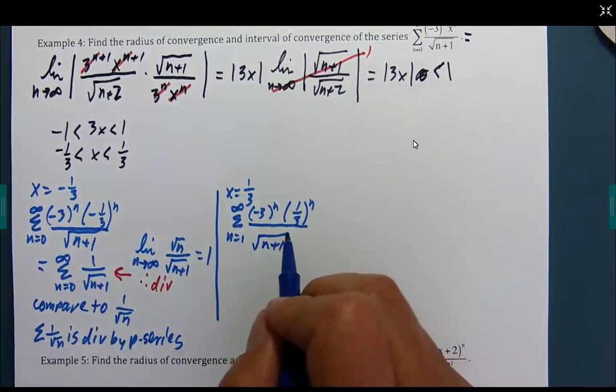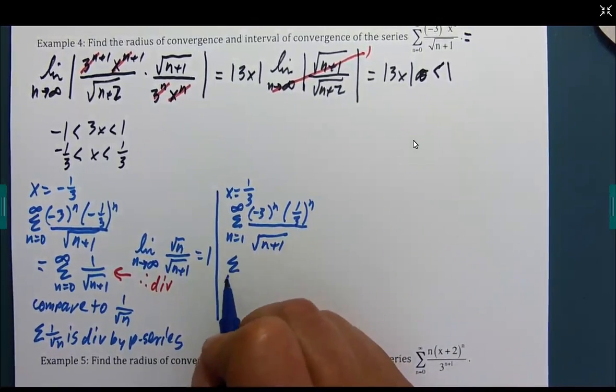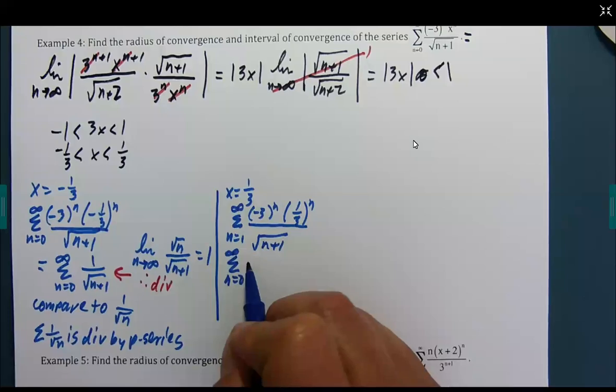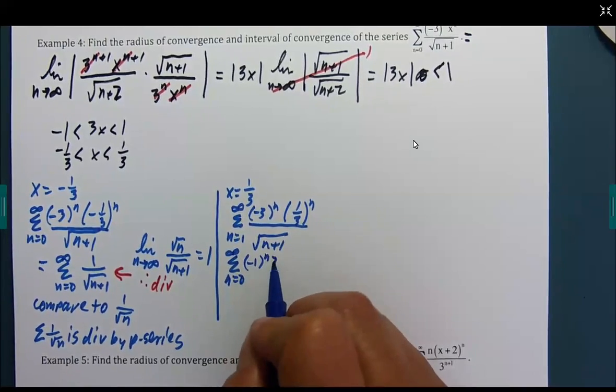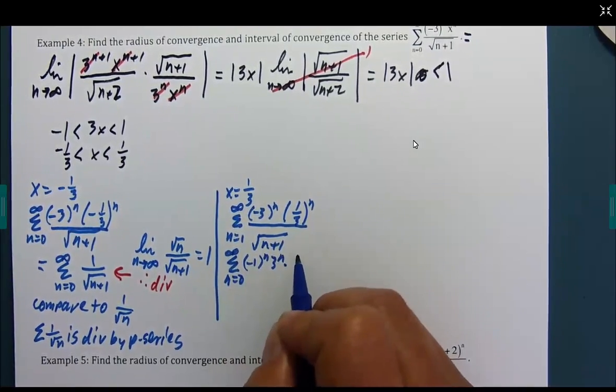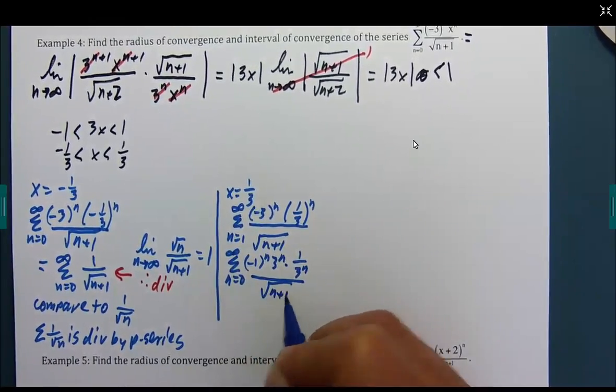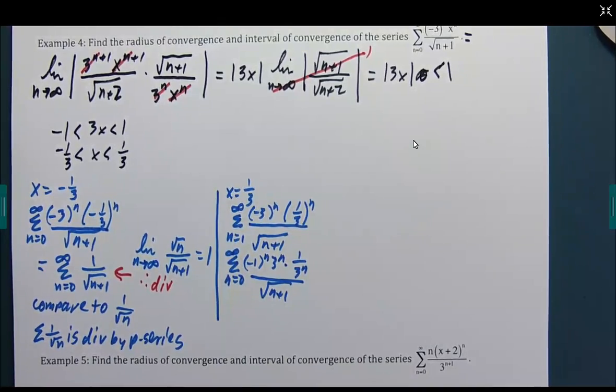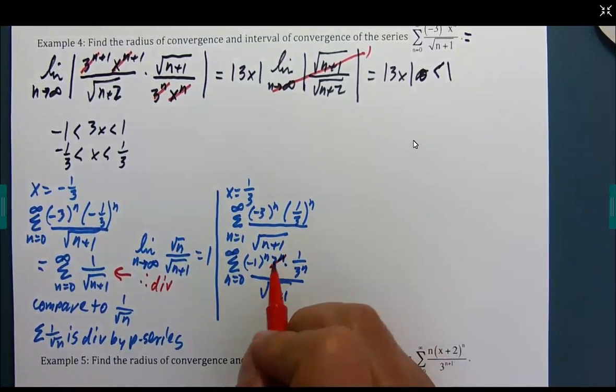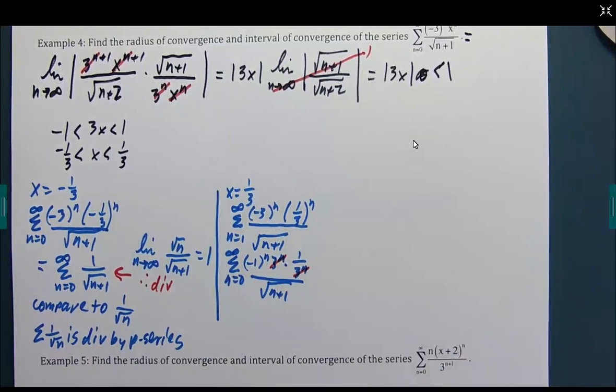Now I'm going to break this up into this. The reason I'm doing that is so that we can clearly see that the 3 to the n's go away.